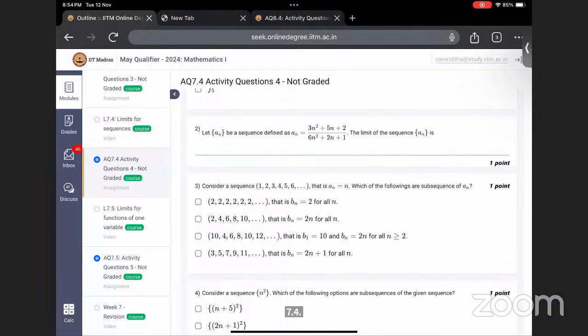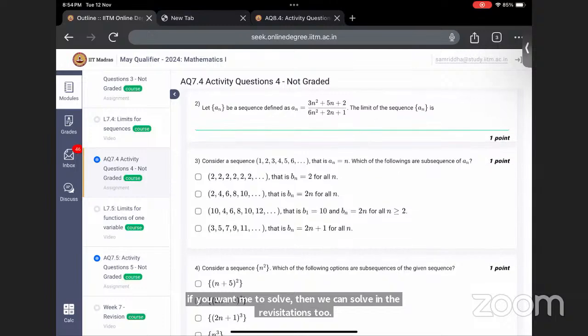I have solved that question by the sequence formula, but I want to know how you can solve that question by these limits. Right now we cannot solve it, because the deadline is still pending. But if you want me to solve it, we can solve it in the revision sessions too.